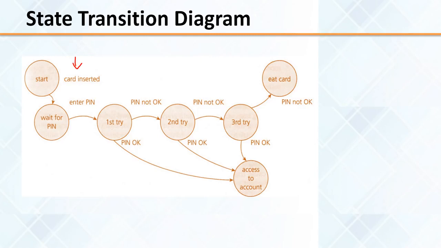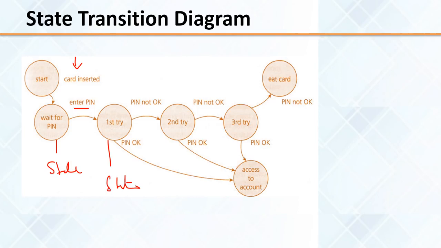So see now, whenever we perform the action, the state is changed. Here round circles represent the states. This is one state and this is another state. Every state is transitioning from one state to another state based upon our actions. See now here, when I insert the card, what happened?